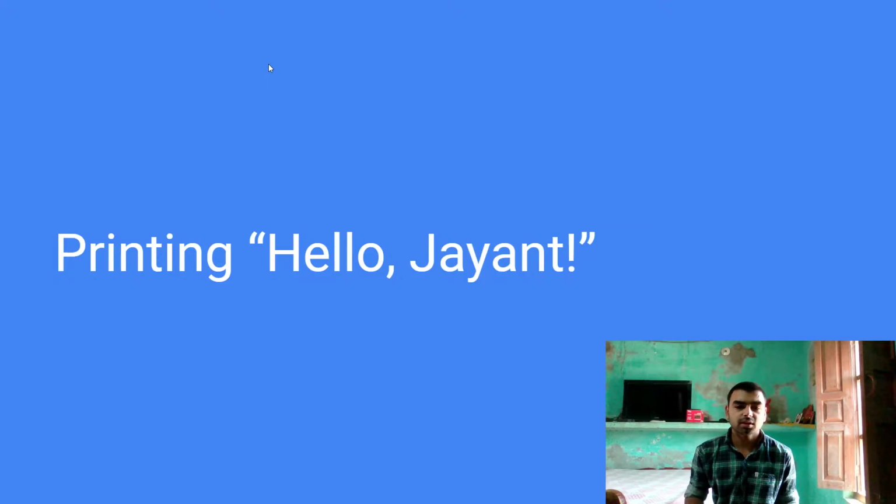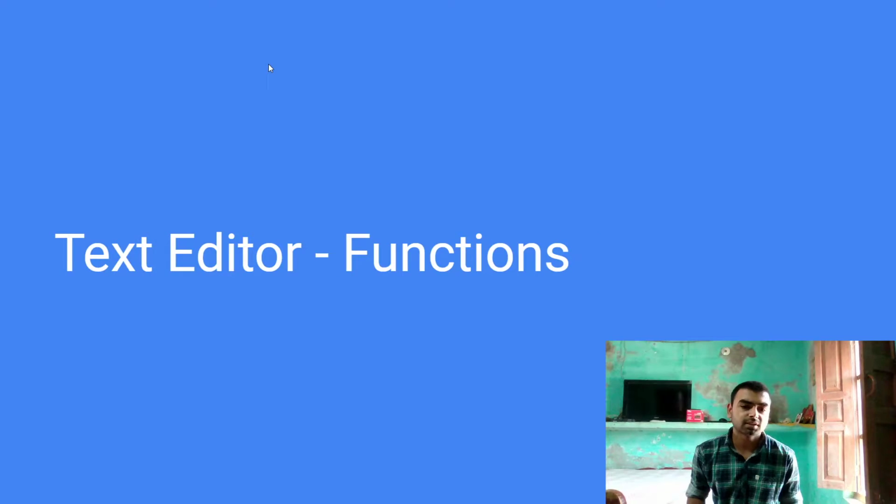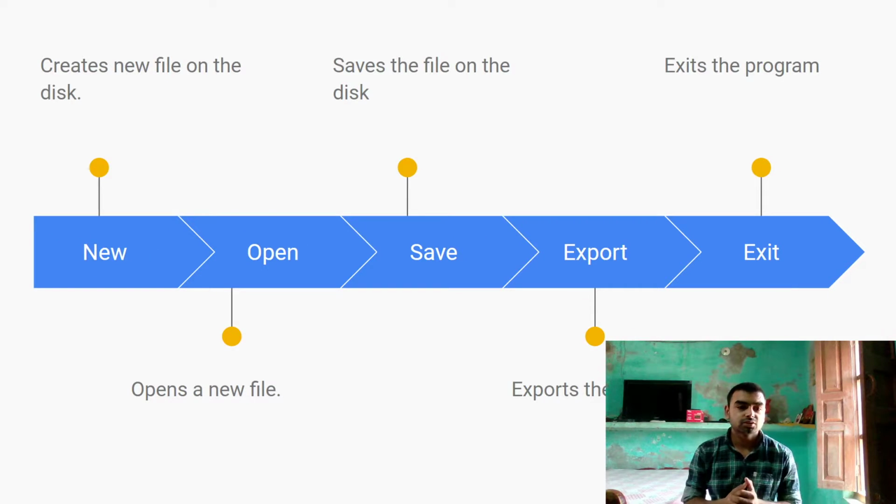Okay, so now let's continue further, and I want to talk about the second program that we want to write, which we want to implement as, let's say, a text editor. And this text editor is going to teach us about functions. So in our case, we are going to implement a simple file menu of a text editor.